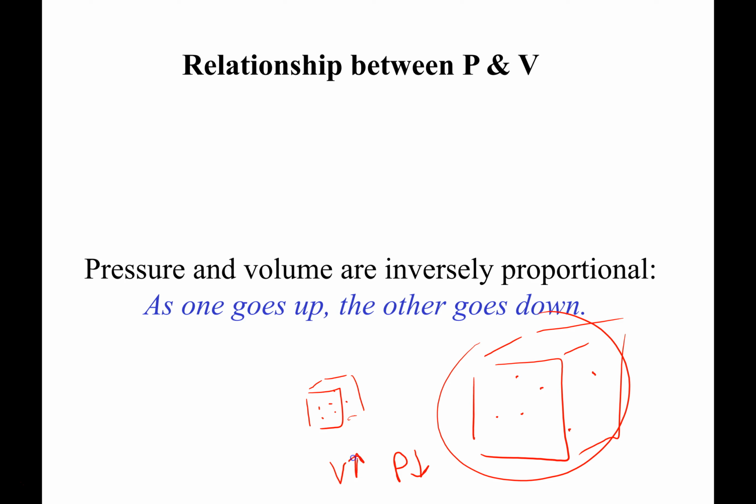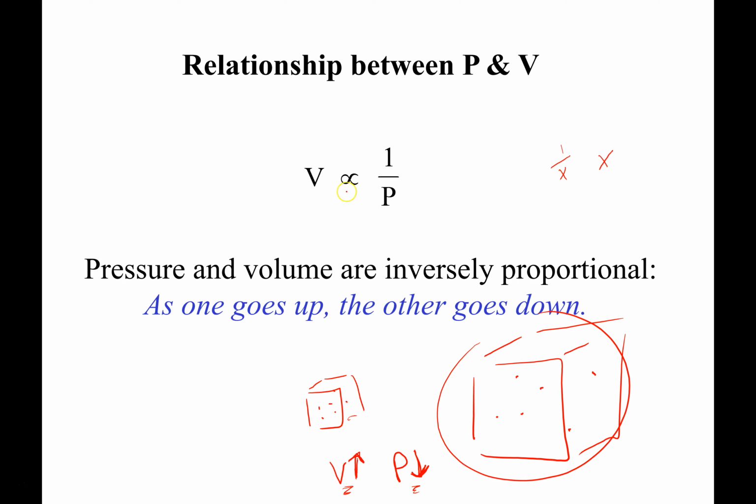So right now we have bumped up against our first inverse relationship. As one goes up, the other goes down, and if volume went down, pressure would go up. So to show that, we can use a proportionality symbol, but we then have to show that 1 over x is the inverse of x.